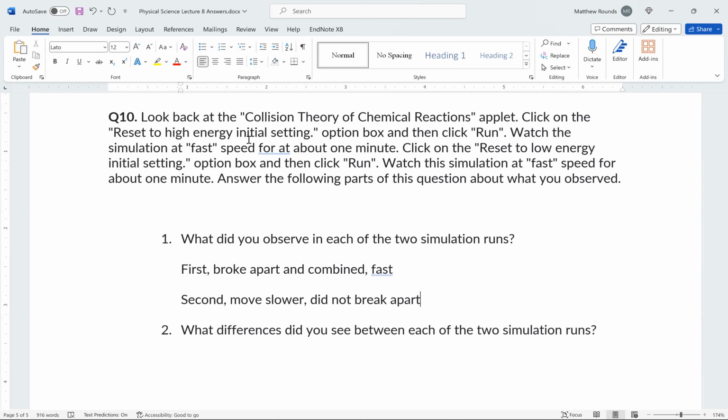So after, the difference between the two simulations: the first one, you saw one connect so fast, but the second one, when they had to do it again, they didn't connect at all. They were just avoiding each other. Yeah, that's the major difference. I mean, you're basically saying the same thing in the first and the second. In the second, they did not break apart, did not combine, basically.